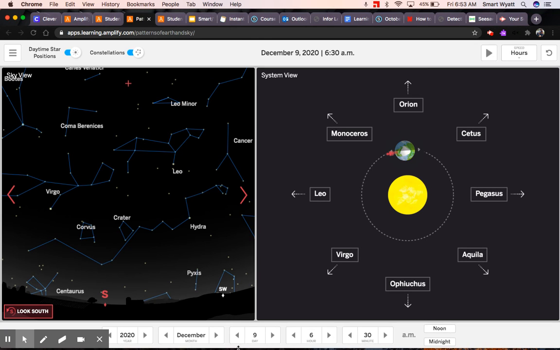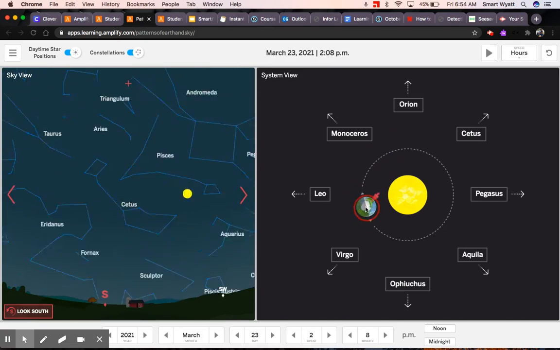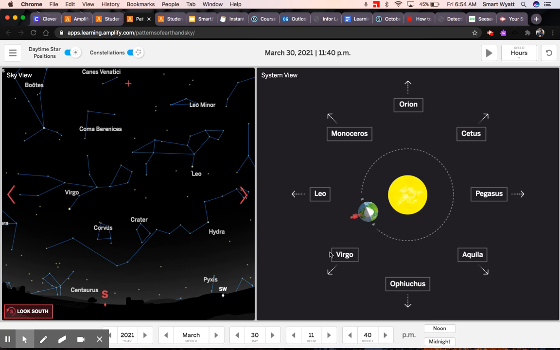Now you can also move the month to see how it looks. When we look at March 30th at 11:40, we're still seeing Virgo.